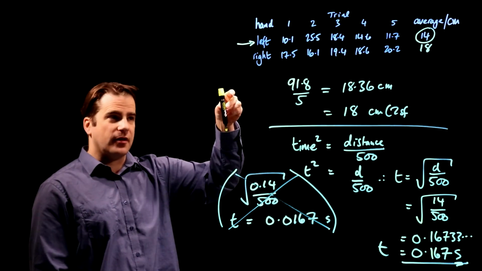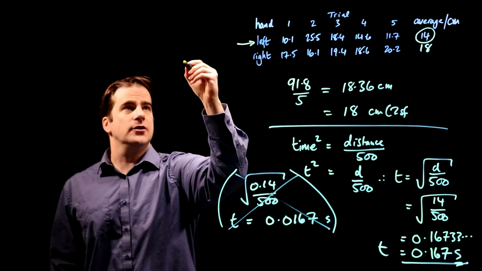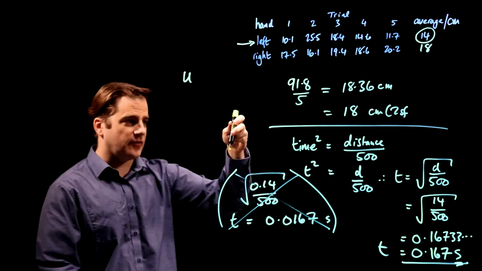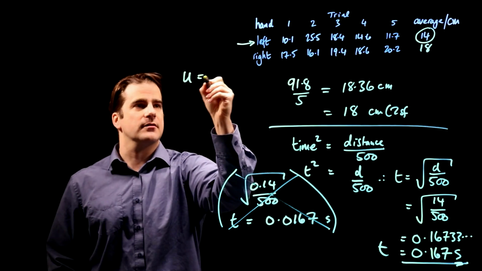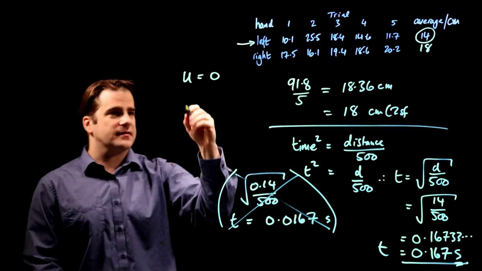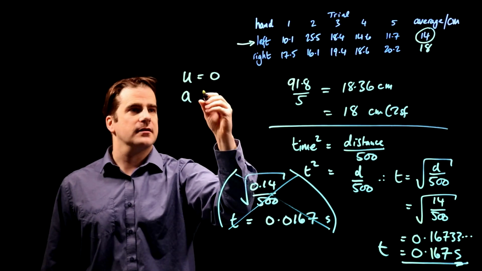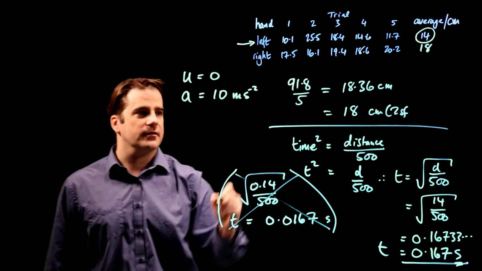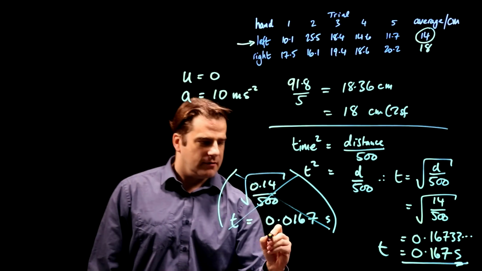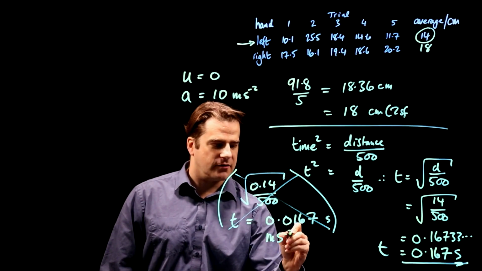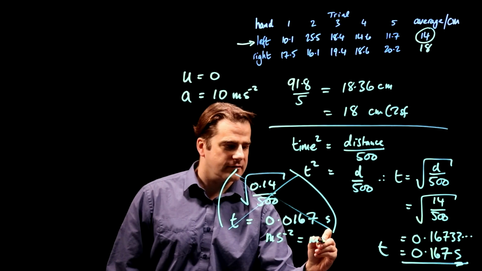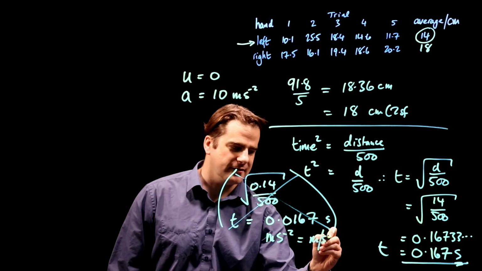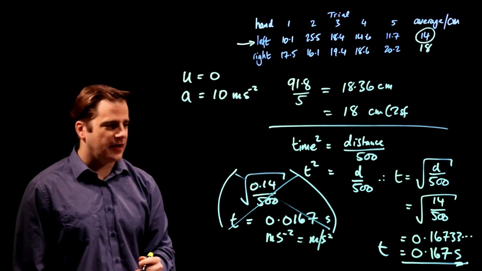You're letting go of something, U, its initial velocity, because you're holding it stationary, is 0, okay? The acceleration downwards is 10 meters per second squared, okay?